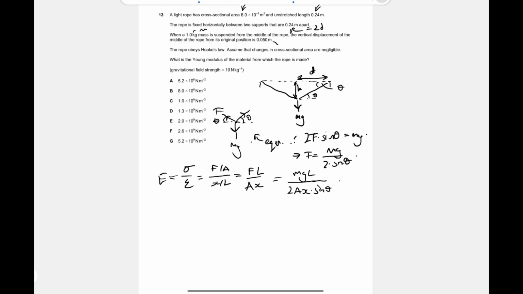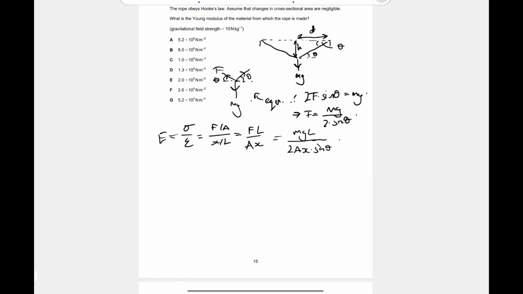And the only unknown we have over here is X. Let's say this distance over here is R. So R squared, because of Pythagoras, equals H squared plus D squared. So R equals root H squared plus D squared.